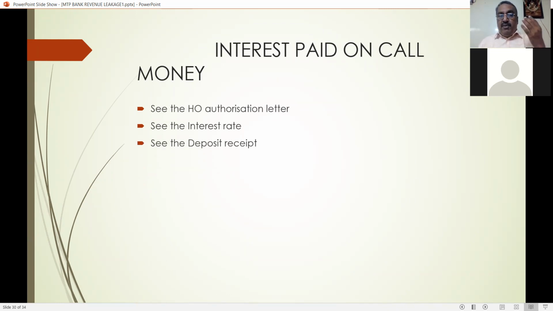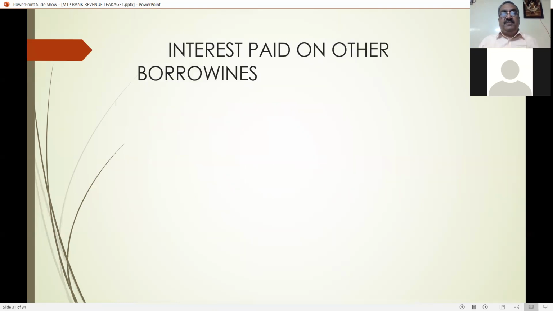To borrow money from another bank, the head office has to give permission, and you have to check the interest rate and the deposit receipt, because you have to see the deposit rate. See that the overdue interest is also being paid, because when you renew it, they pay the overdue interest.